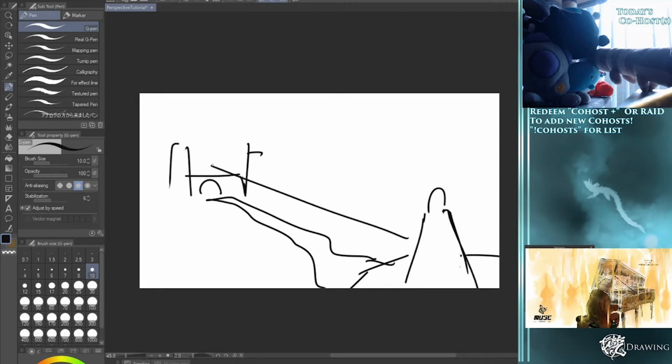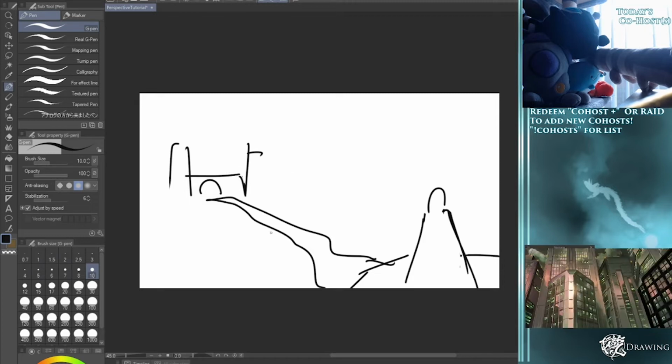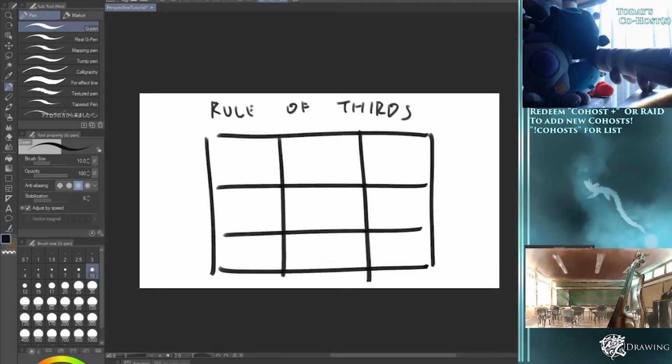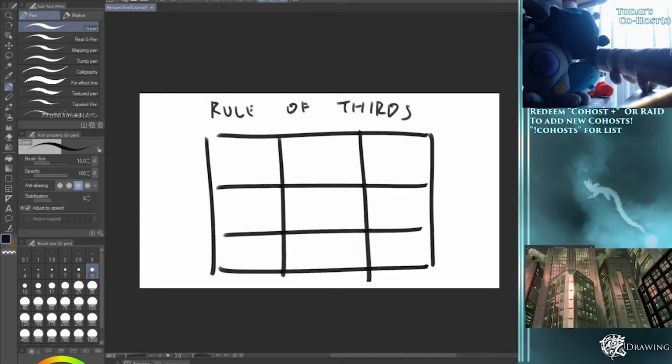And ideally both. You see how we're moving from one focus to another? This applies in photography, painting, drawing, all of it. Always think about this rule of thirds.